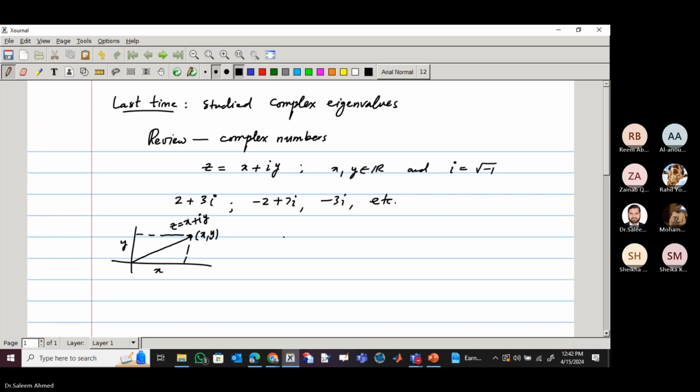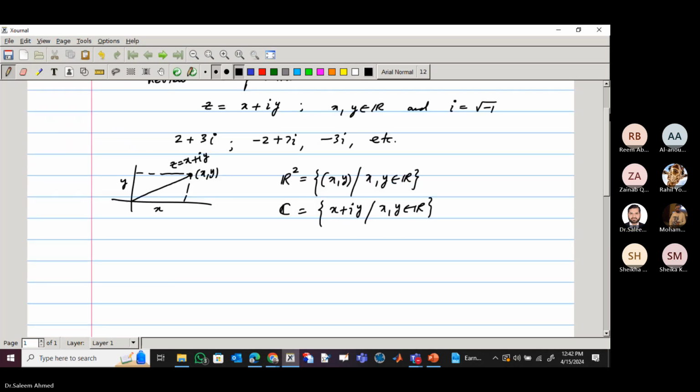R square is a simple plane where we have the set of all points xy such that xy belongs to R. And the set of complex numbers is the set of all numbers of the form x plus iota y where xy belongs to R, right? So see, they are almost the same things, similar things, right? So it means R square and C have a one-to-one correspondence. Means for every complex number, there is a point, and for every point, there is a complex number.